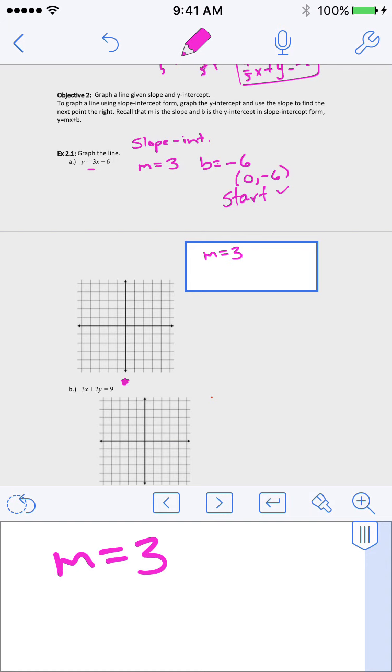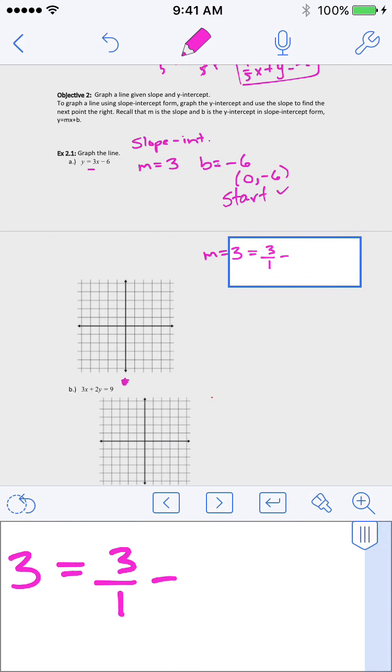A lot of the time, people like to change this to 3 over 3, but 3 over 3 is equal to 1, so we don't want that. This is equal to 3 over 1. Always up 3 over 1, not 3 over 3, because that would be a slope of 1. If we put it over 1, we can see that we have rise over run, much easier to read. So we're going to go up 3 over 1.